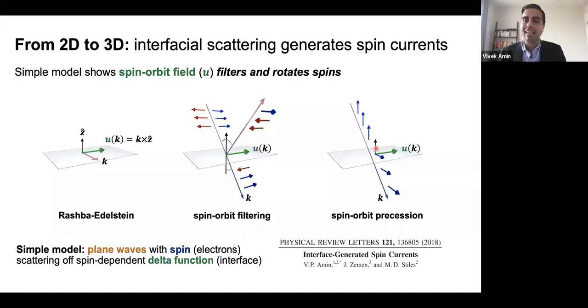Well, I'll interpret that to mean that if you can modify spin orbit coupling in some way at the interface, you might change the strength, but you're not really going to change the direction. You're going to change the spin current in some way. You could change the strength if you're modifying spin orbit coupling at the interface. That could certainly happen.